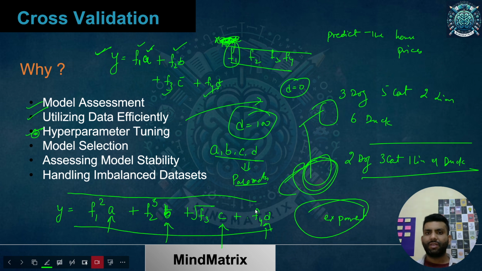What must be the value of k? I can try training my model with different values of k, such as k equal to 3, 10, 15, 20.